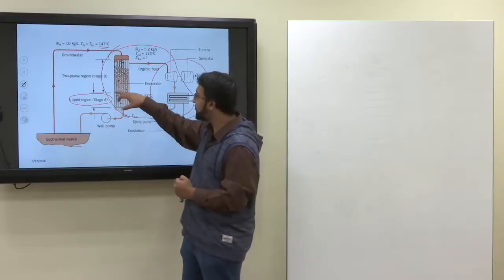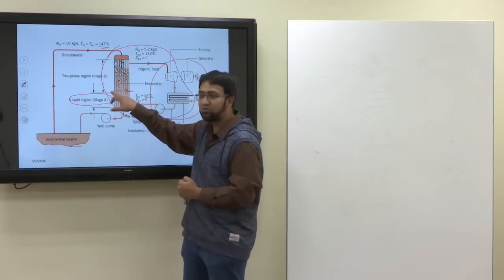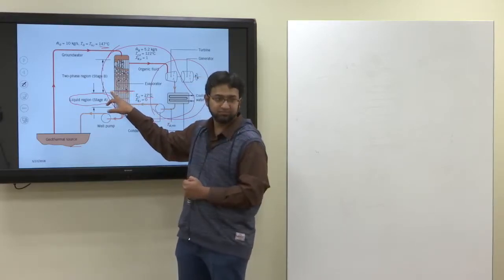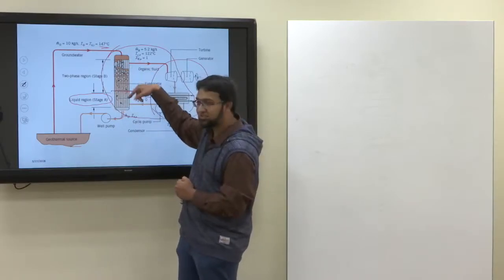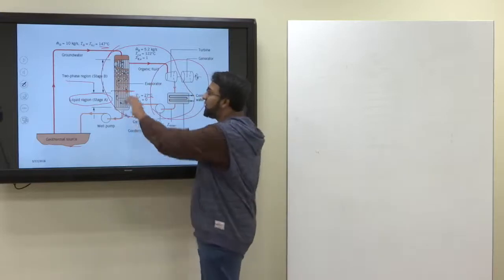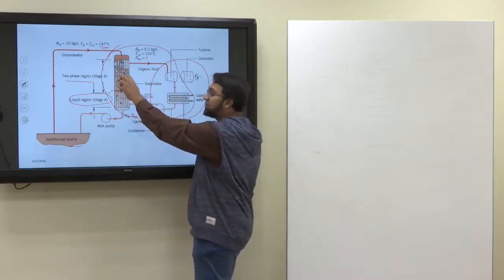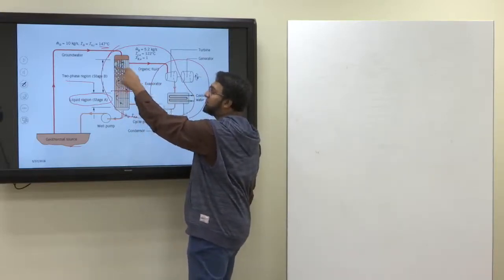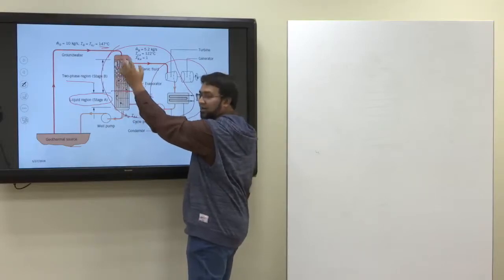After it reaches this point, the temperature is 122 and the boiling starts. The temperature remains 122 throughout the upper section. This upper region is a two-phase region where initially you have liquid and vapor, and then the vapor content keeps on increasing until you have completely vapor exiting out.